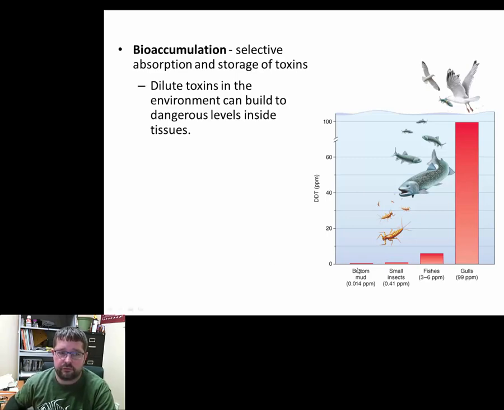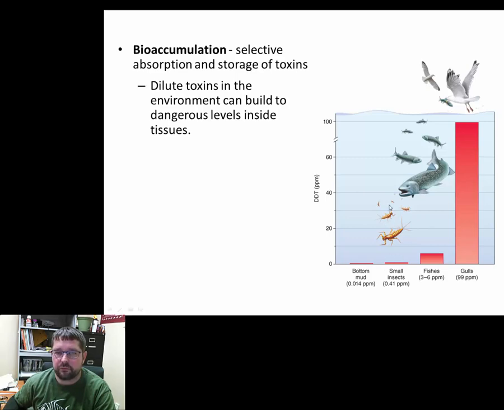It was created in the 40s for World War II, but then after World War II, DDT was used for a good period because it's an excellent insecticide. It kills all the insects. But it can accumulate in the bottom of rivers and streams and lakes. Small insects can then pick it up.